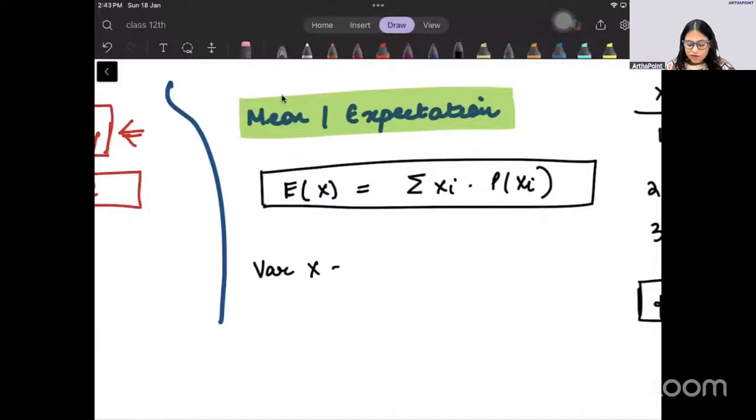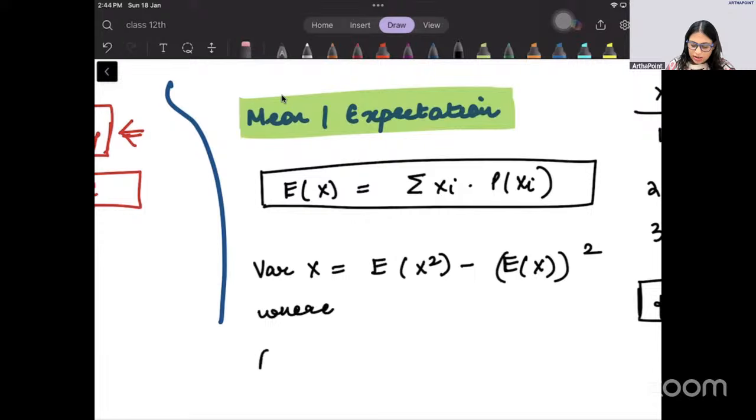अब आता है हमारा concept of variance. So variance of x is E of x square minus E of x whole square, where E of x square will be summation x square into px.